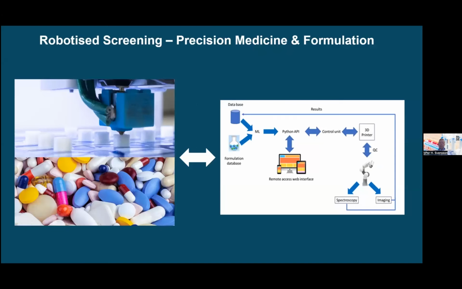Currently, we are looking into developing screening platforms connected to precision medicine, utilizing 3D printing, and also traditional formulation screening. When it comes to 3D printing, we are particularly interested in implementing automated quality control, which includes imaging and spectroscopy. Efforts to develop the overall new control system for the platform are currently ongoing.